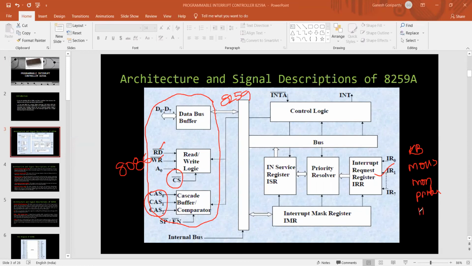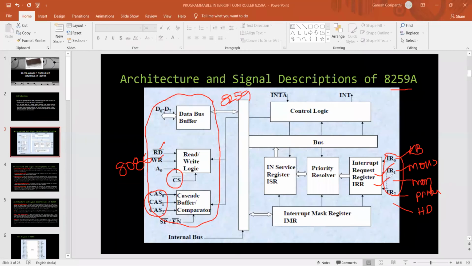Hard disk, let us say. Every device will send some interrupt signal, IR0, IR1, IR2, IR3, IR4. So this particular single 8259 can collect 8 interrupt requests. It collects all the interrupt requests and stores them in the interrupt request register.